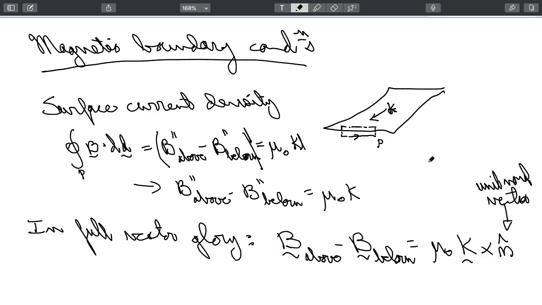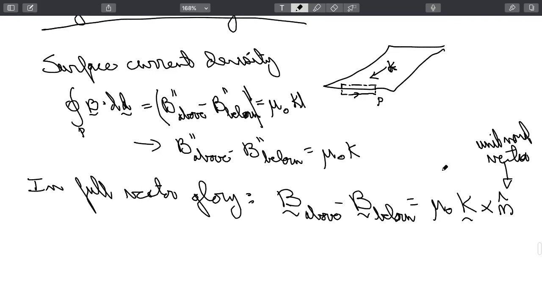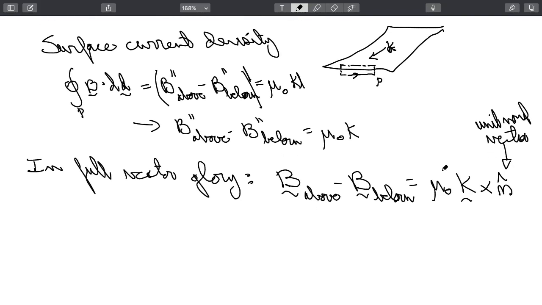So you get a current there, and normal vectors like this. Then the field goes like that. So you can work it out with this.